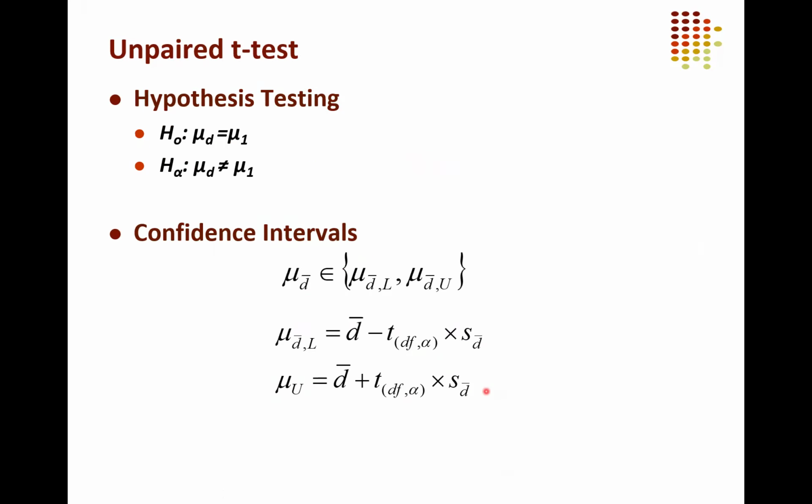If we define the hypothesis, mu d is equal to 0, and the alternate hypothesis is that the two samples generate a significant difference from 0. Likewise, the confidence intervals are to be calculated accordingly.